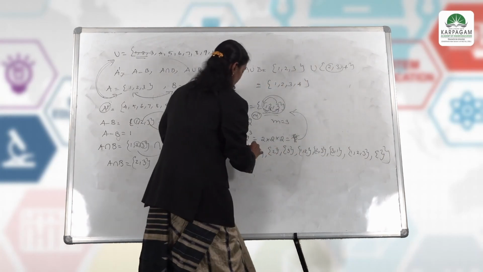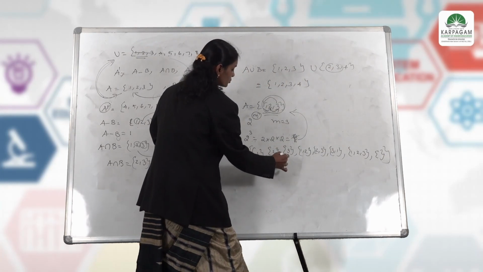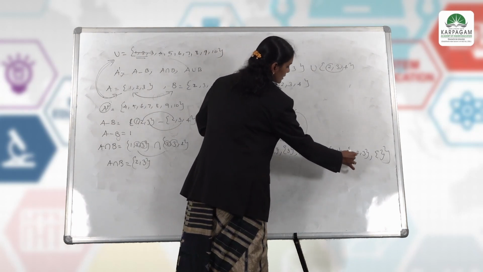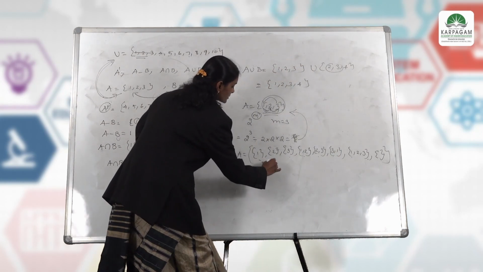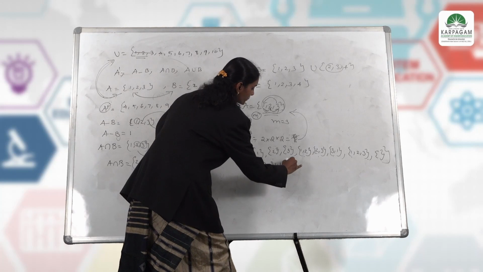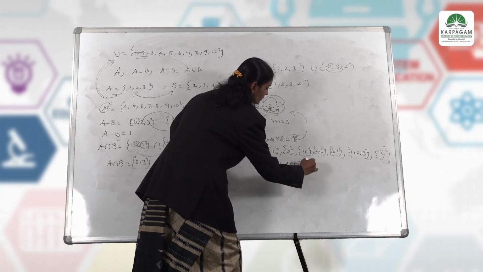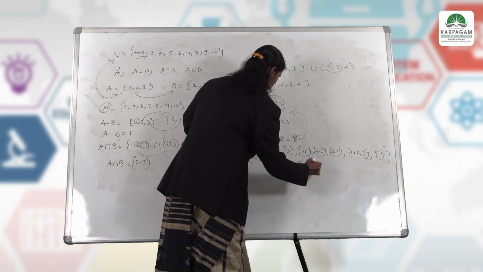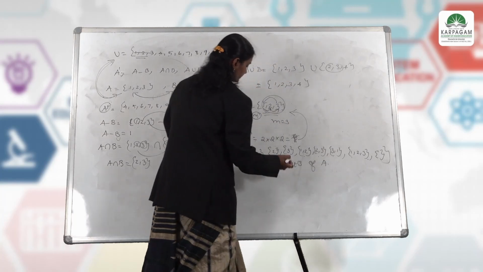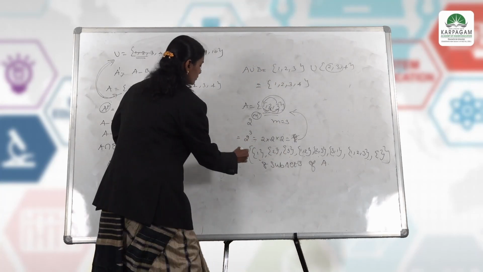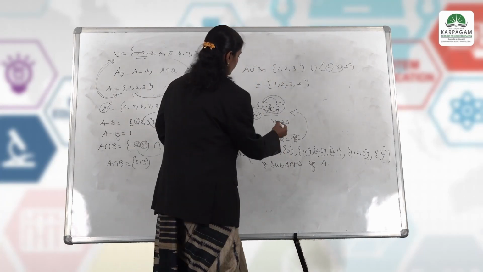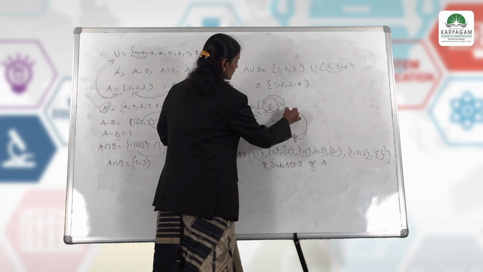Therefore we reach 1, 2, 3, 4, 5, 6, 7, 8. There are 8 subsets of A. These are the possible subsets of A.